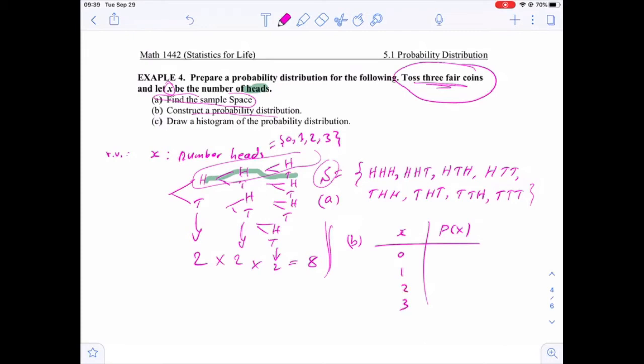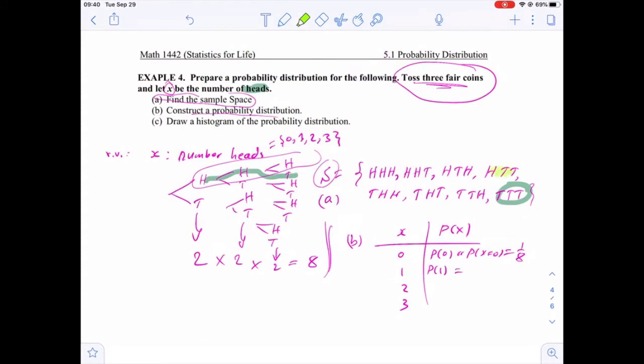And what are the probabilities here? Probability of 0, or sometimes written probability of x equals 0. This is how many outcomes do not include any heads. No heads means 3 tails. That's 1/8. For 1, probability of x equals 1 is 1 head. How many outcomes have only one head?